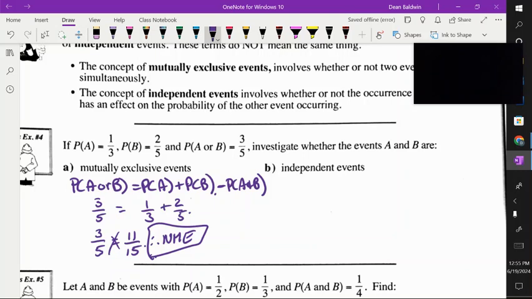So the first thing we have to do, well, in the next question, it says, are they independent events? Okay. So what's the definition of independence?